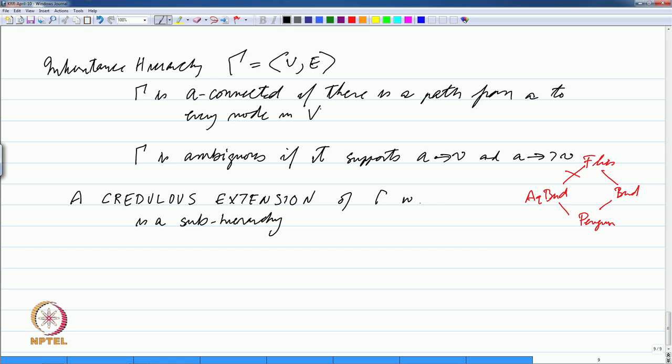So, again everything is with respect to an individual A. That is maximal and unambiguous.